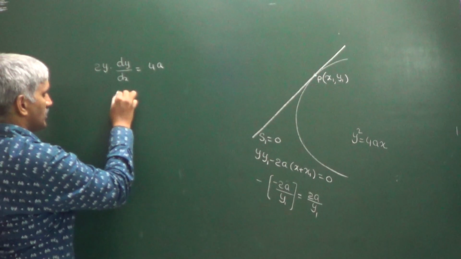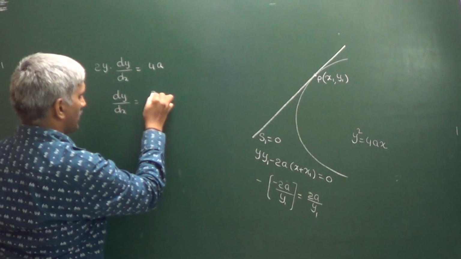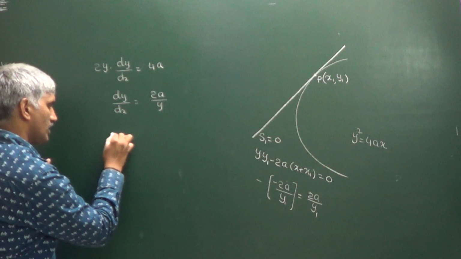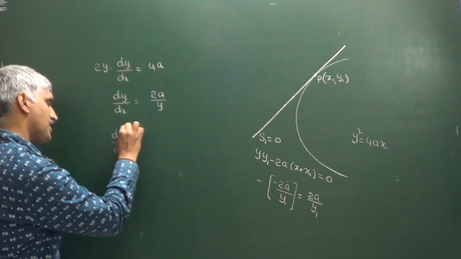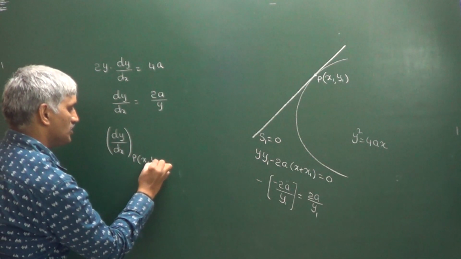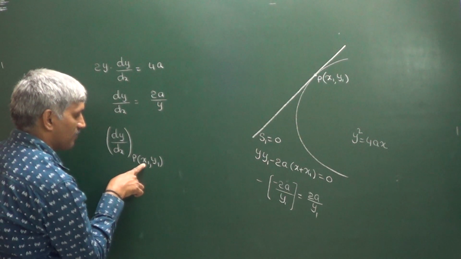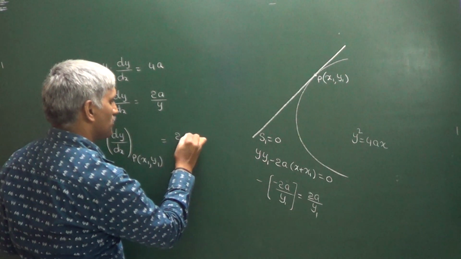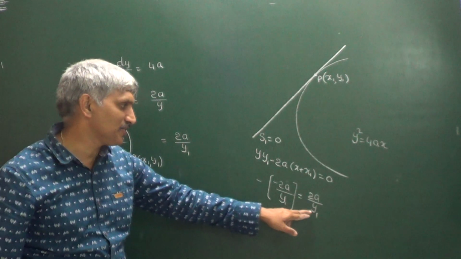Now I can write dy by dx is equal to 2a by y. Next, differentiating the given curve at the point P(x1, y1) means wherever x is there we write x1, and wherever y is there we write y1. Then we get 2a by y1.